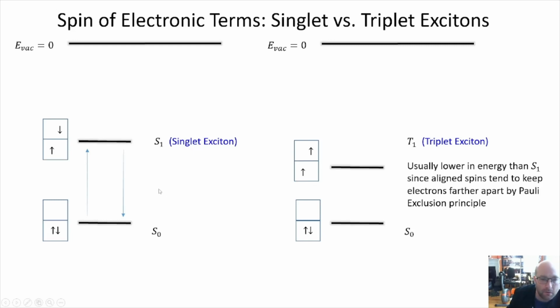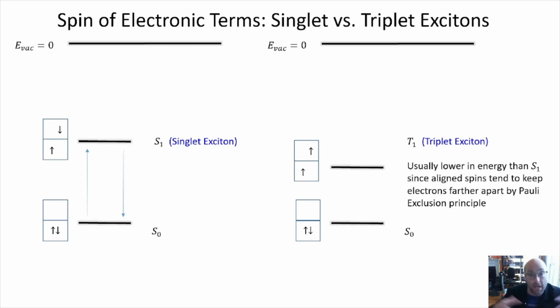It is possible to imagine a triplet exciton where somehow, not directly by light absorption, but somehow, some way, you've been able to flip the spin in creating an excited state. And so the triplet exciton is different than the singlet exciton. It's another new species. So within the framework of Frenkel excitons, we have singlet excitons and we have triplet excitons.